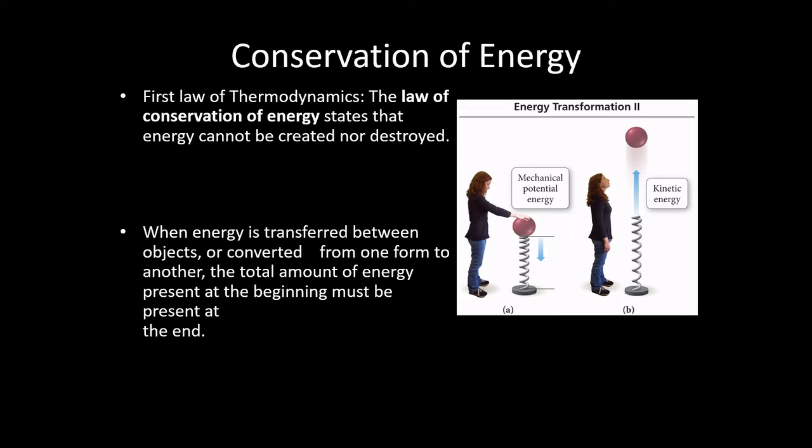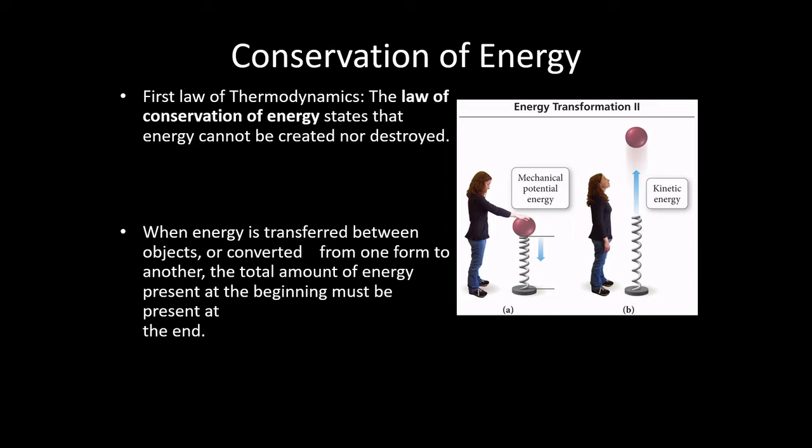The only thing that we can do is move it and transform it. So we can move it from one place to another, and we can change it from one kind of energy into a different kind of energy, but we cannot create or destroy the energy. This is what the first law of thermodynamics states. This is the law of the conservation of energy. Energy cannot be created nor destroyed.